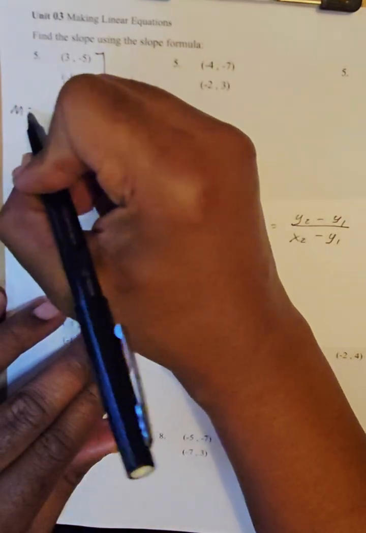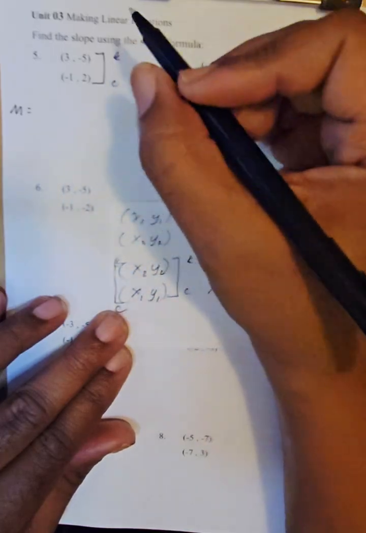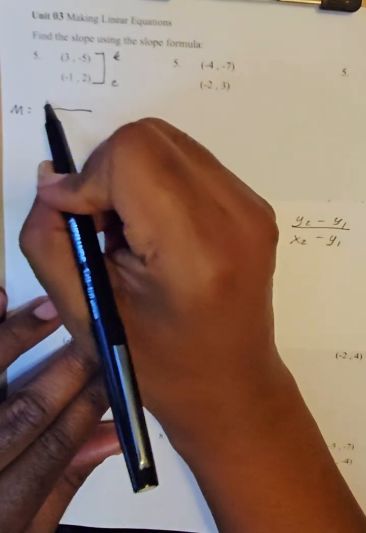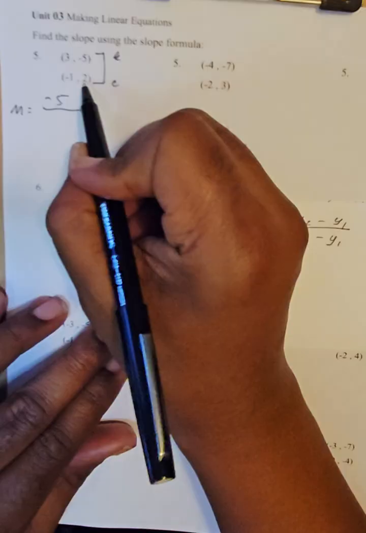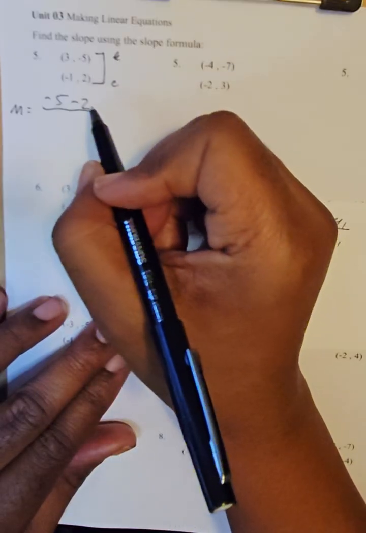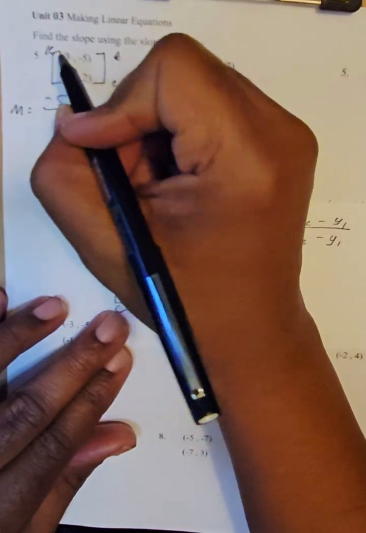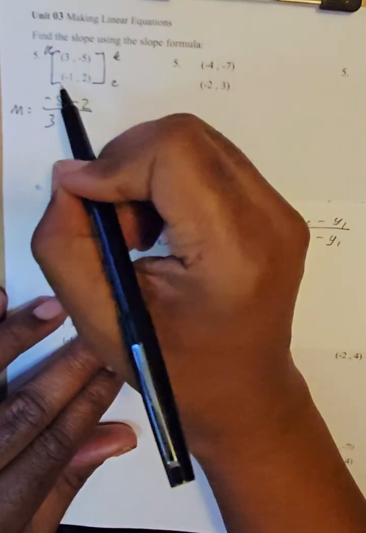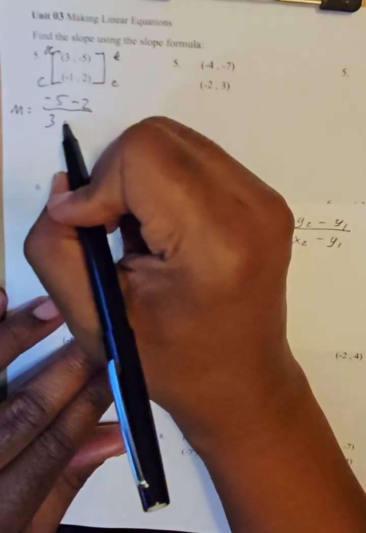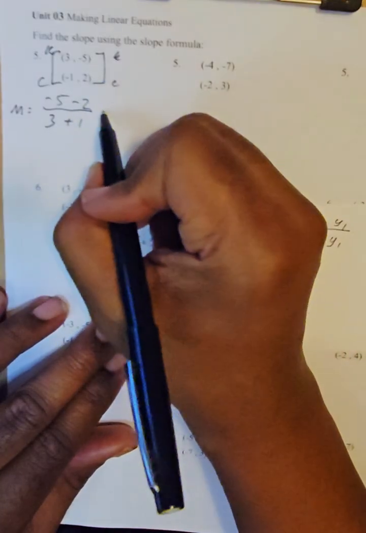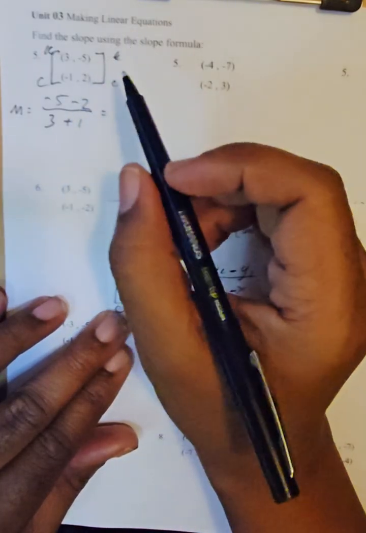I'm going to do a keep and change. I'm going to keep the -5, but change the +2 to -2. On the left side, for the denominator, I'm going to keep the 3, but change the -1 to a +1. That's keep and change. Then let's simplify.